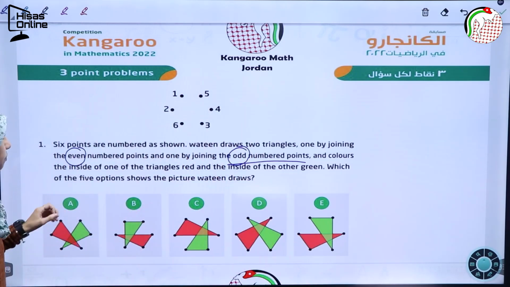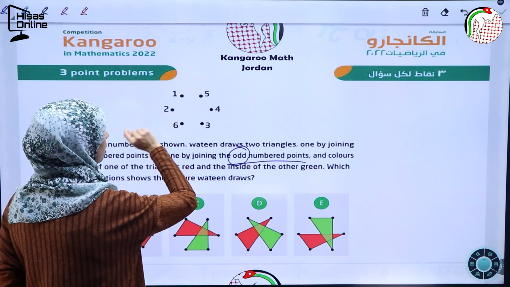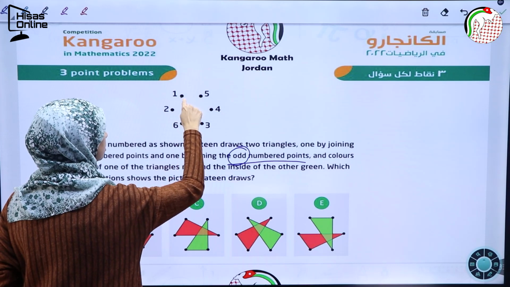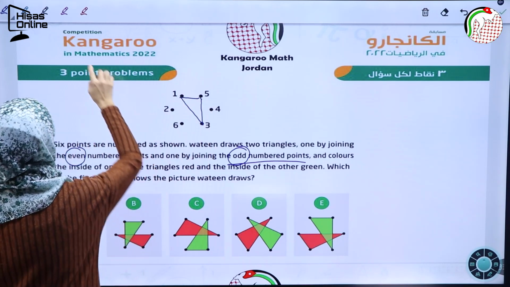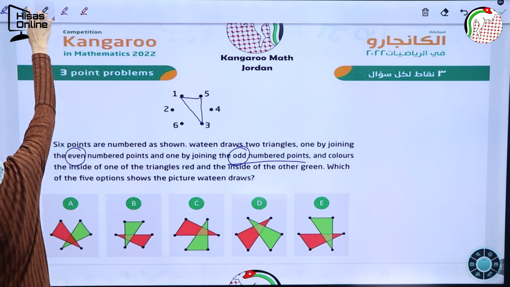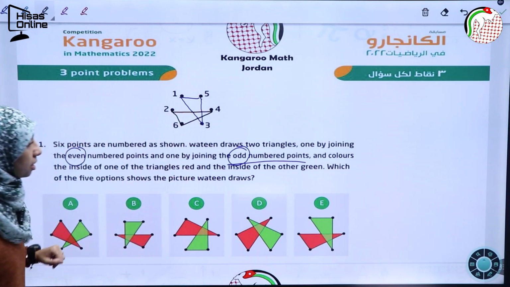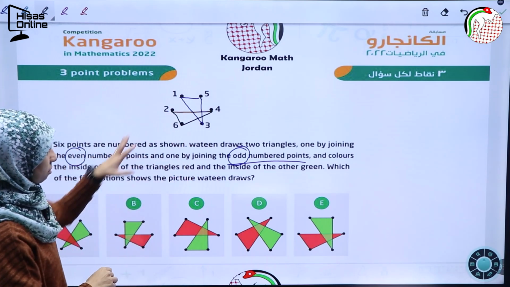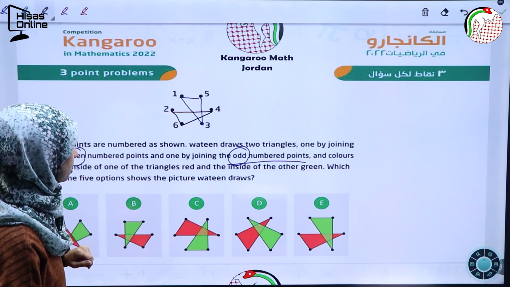Let's see. We said 1 for the odd numbers, so 1, 3, 5, and the other one was 2, 4, and 6. Which of the options is the picture that Watian drew?